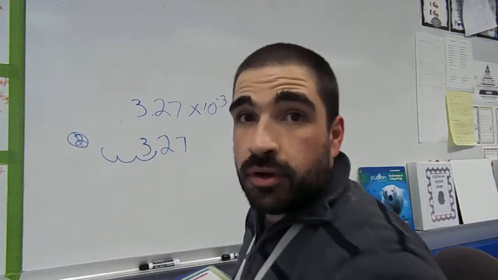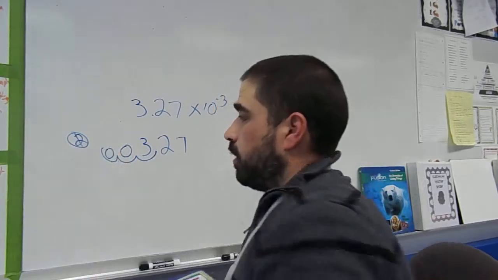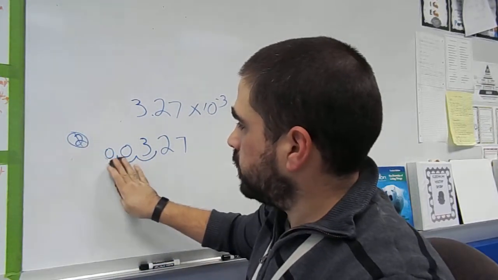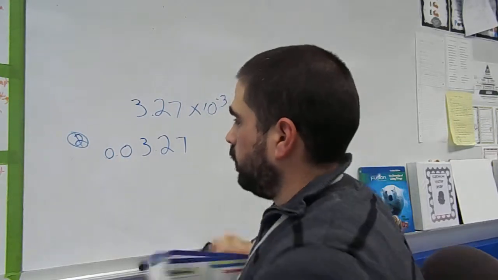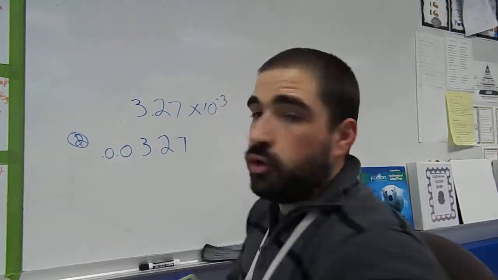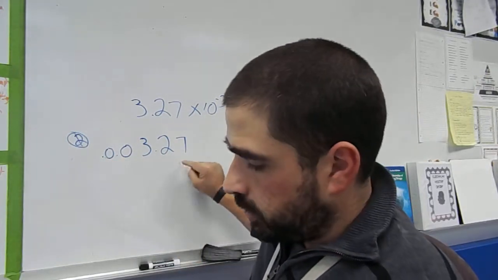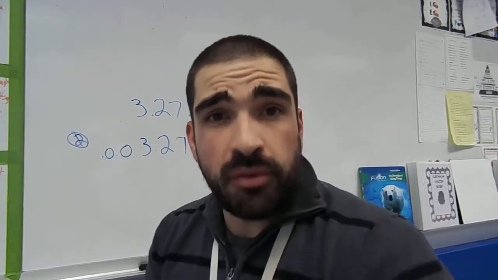Step 3, now you have to add zeros. Whenever you're working with negative powers, if you have a number less than 1, you put a decimal place in front of it. Alright? So my new number is 0.00327. And that's it.